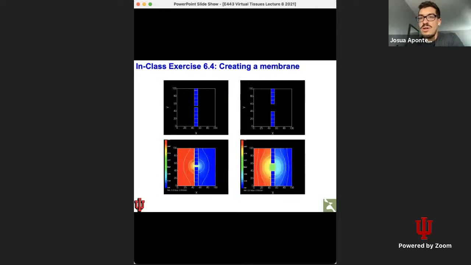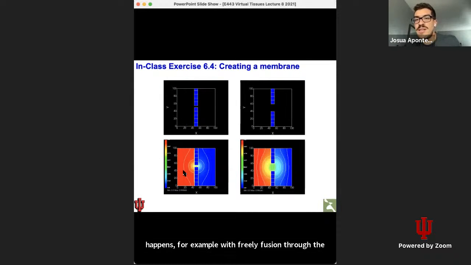Then we decided to keep the impermeable membrane, but simulate diffusion through channels in that membrane, just as happens, for example, with free diffusion through the cell membrane.